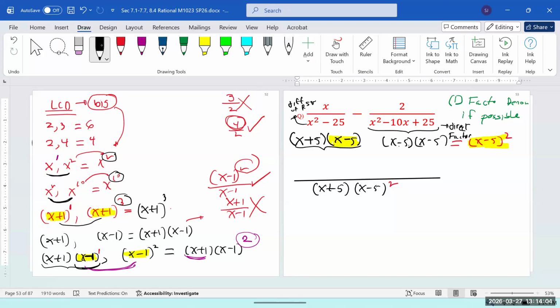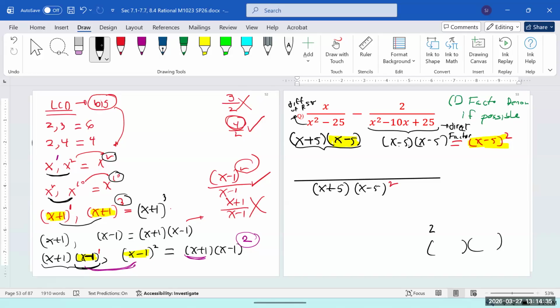Sure. You can keep both of them instead of writing square. But which one will take less time? Writing a 2 or writing the same thing twice? In the exam, you may not get enough time to write everything in detail, so try to use all the shortcuts. Okay, so we did our first step, factoring, and second step, the hardest part, LCD.